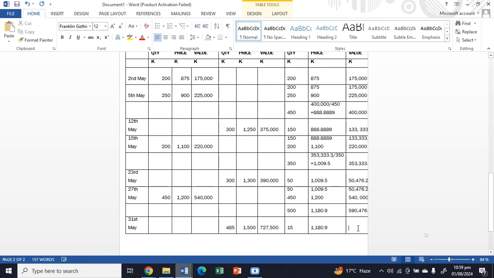So we're going to say 50 multiplied by 1,180.9. We get 59,047.62. This is the value of our closing inventory.